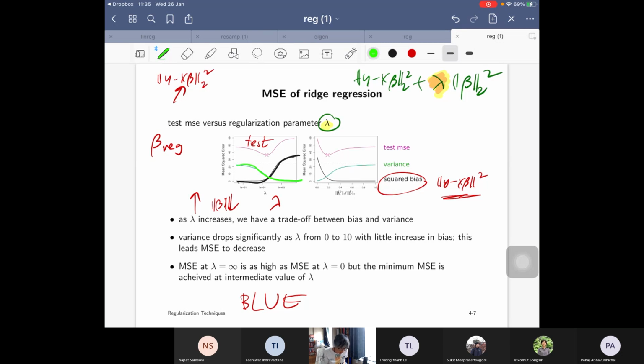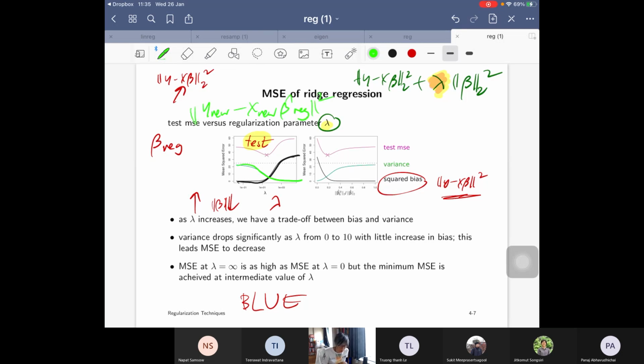If we plot the test MSE, which means that you have solved for the regularized beta hat, and then you evaluate with the new data, the new regressor, multiplied with this regularized solution.